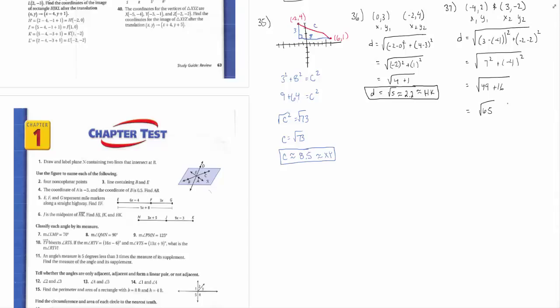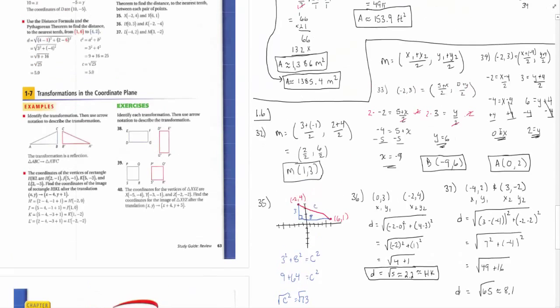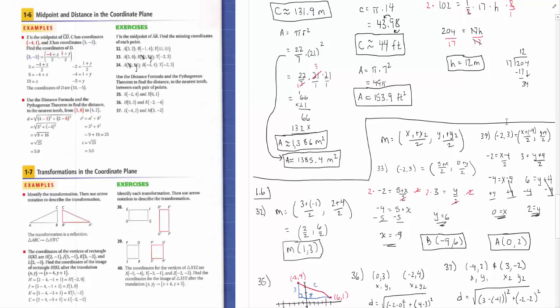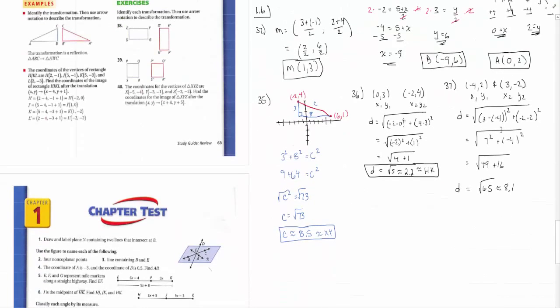It's right over 8. But 65 square rooted is about 8.06, round to the nearest tenth. We're going to approximately 8.1 here, which is our distance, which using the points that we're given is going to be LM, the distance from L to M. So we'll call that approximately 8.1, the length LM.